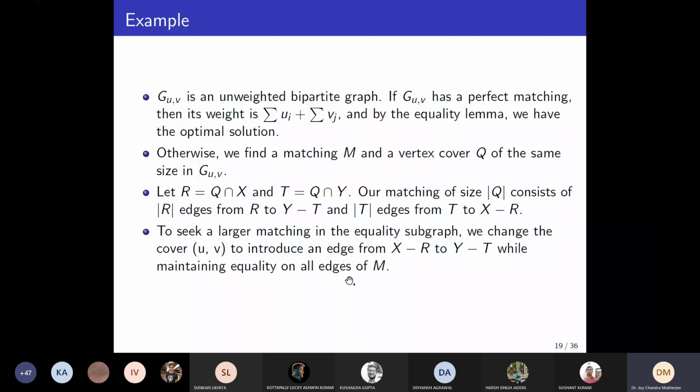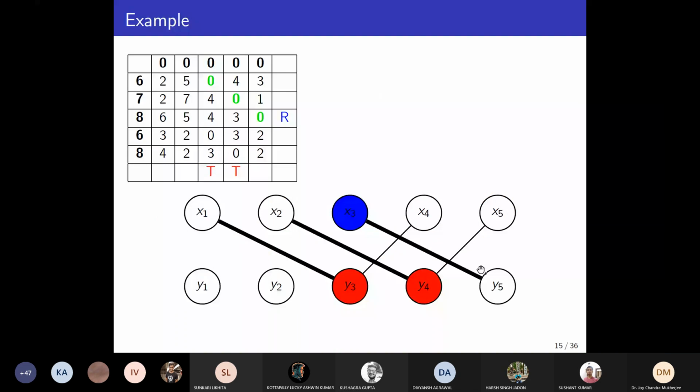Because in the excess matrix, why are these edges coming here? Because they correspond to 0 weight. So our objective is to introduce more edges from y minus t to x minus r such that they are of 0 weights. Along with that, these 5 edges also should be 0.